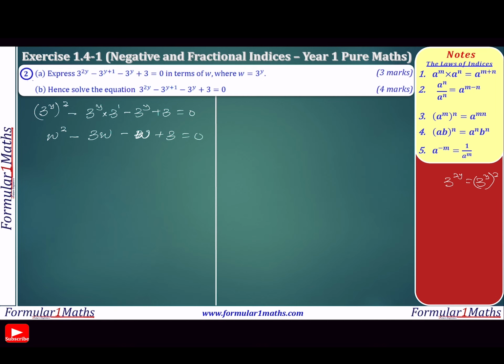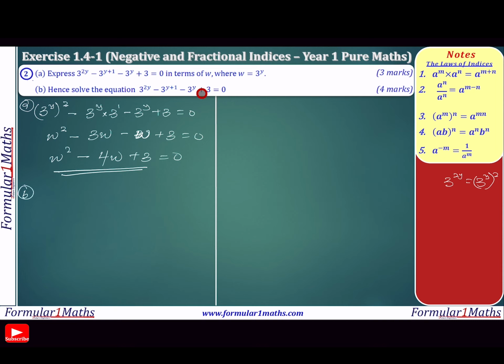And then we simplify this. We're going to get w squared minus 4w plus 3 equals 0. And so we have now expressed this equation in terms of w. And here is the answer required. So that's for A. For B, we are required to solve this equation.